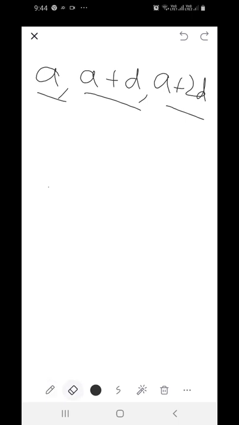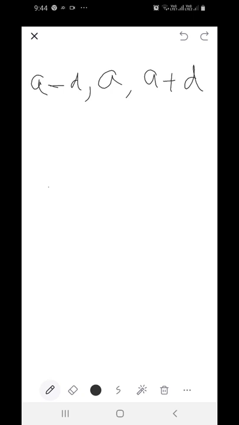So in that case, how are you going to take the three numbers? If the numbers are given odd, as 3, 5, then take the middle number as A, and the next term will be A plus D, and the term preceding it will be A minus D. Now what do you see?